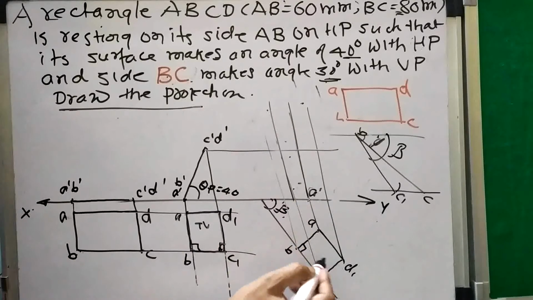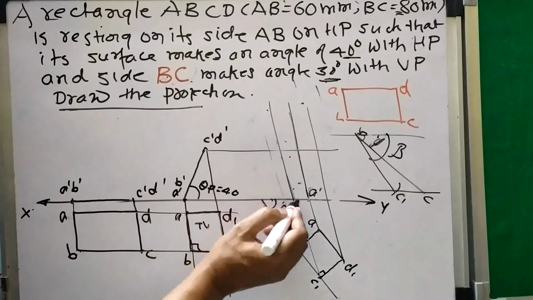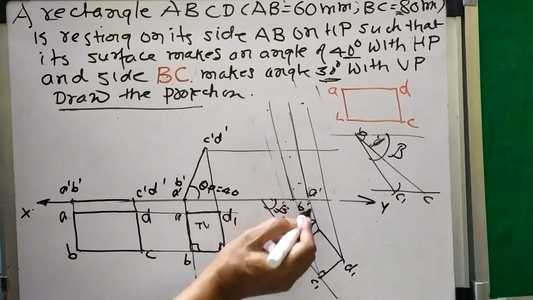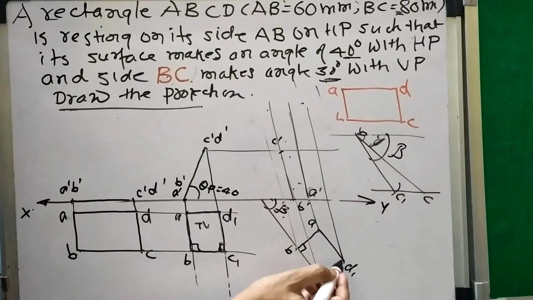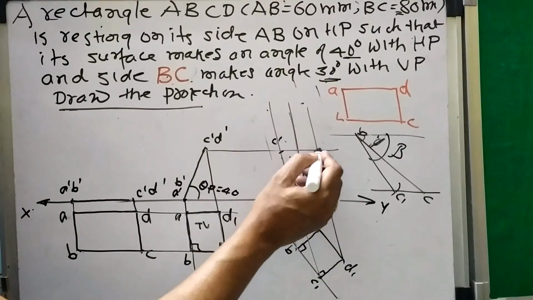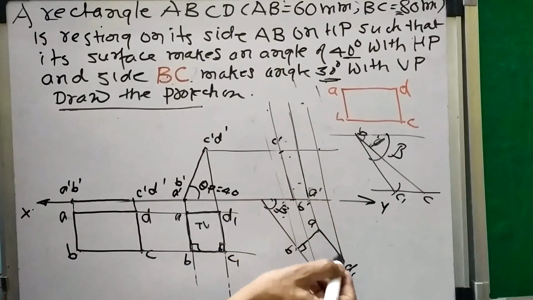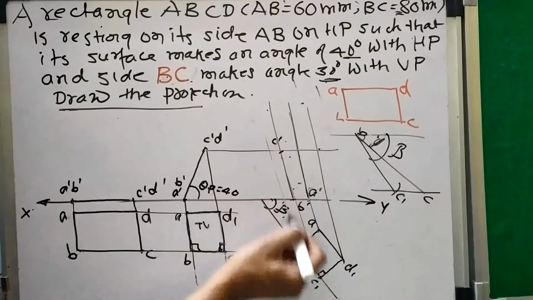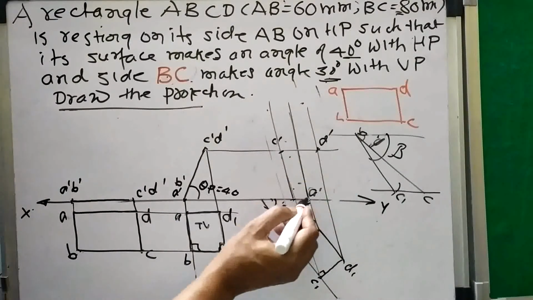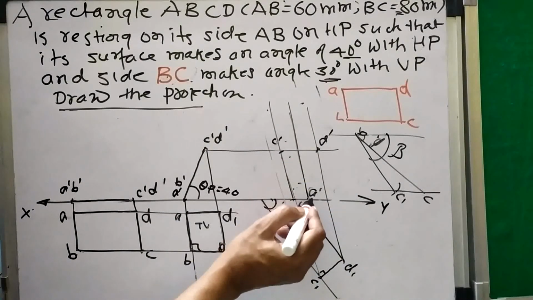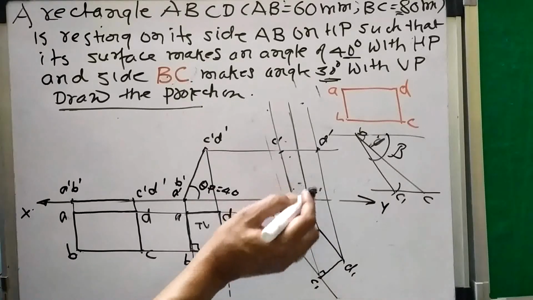This is A dash, B with B, this is B dash, C with C, C dash, D with D. Sorry, A with A, B with B, C, and D with D, D dash, and I join A dash, B dash.